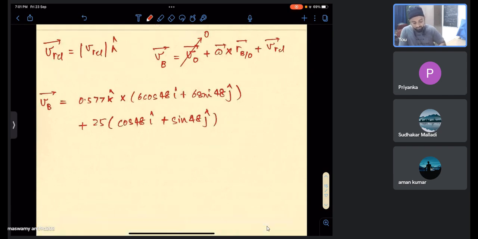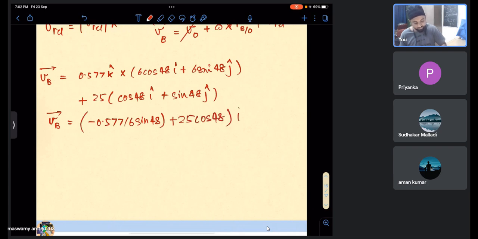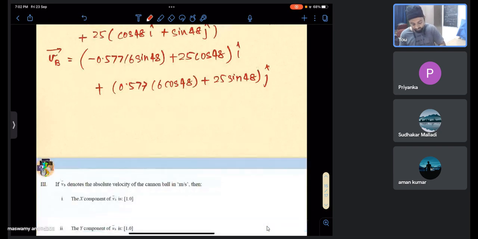So everything is accounted for. VB we can calculate from here. It will be minus 0.577 into 6 sin 48 plus 25 cos 48, this will be the i component, plus 0.577 into 6 cos 48 plus 25 sin 48, this will be the j component.